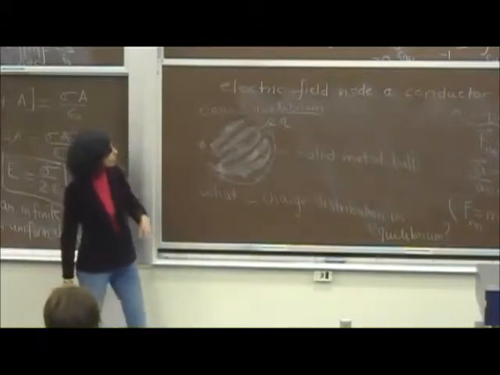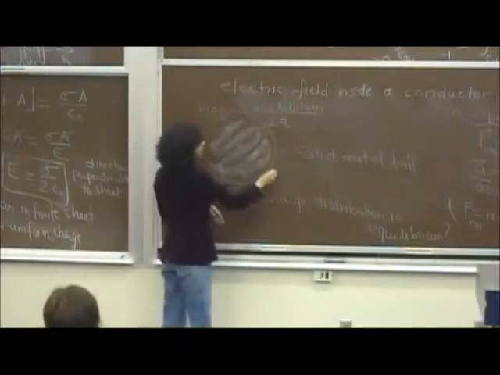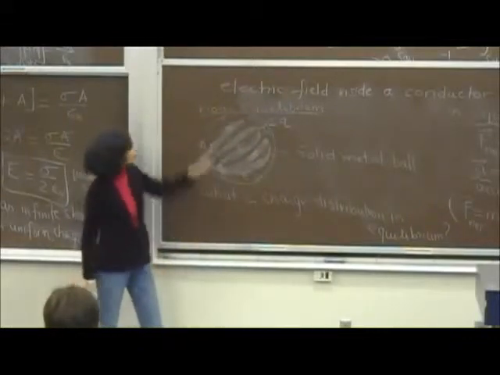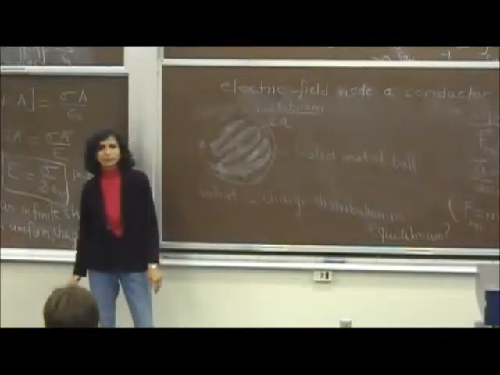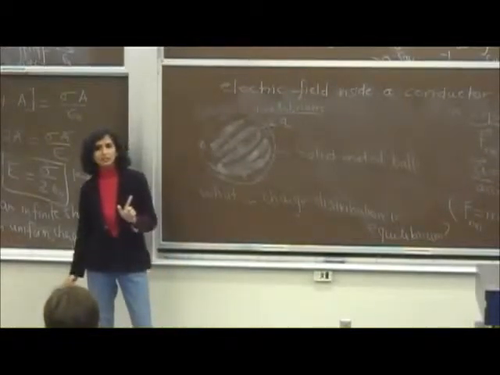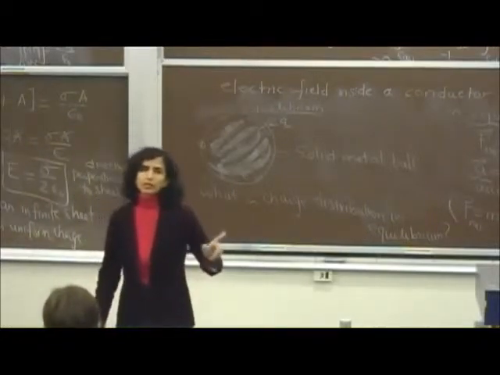So his notion is that this charge plus 2q will uniformly distribute itself on the outer surface when the equilibrium is established. How many people actually agree with him? Okay, good, that's a good thought.